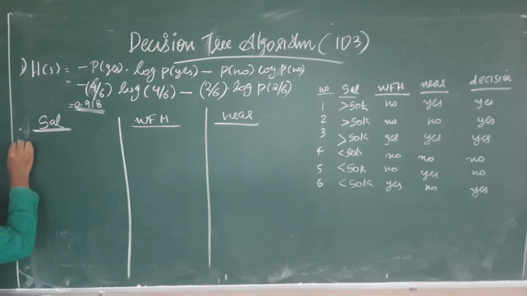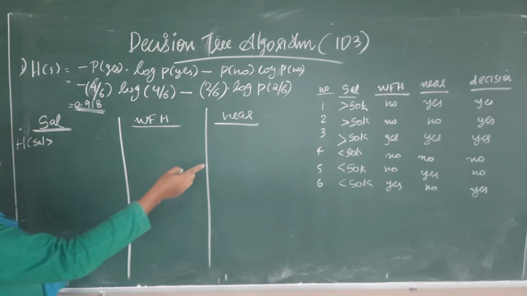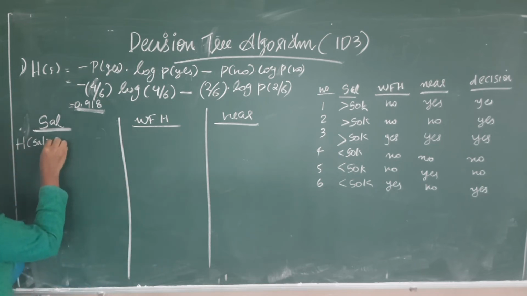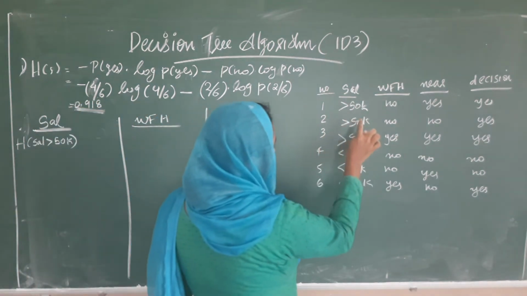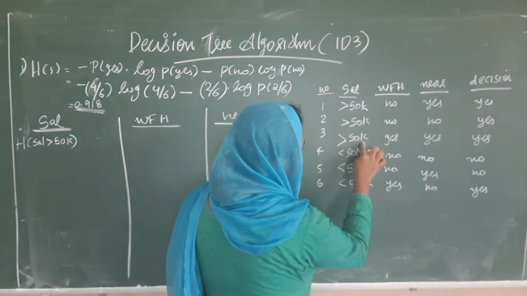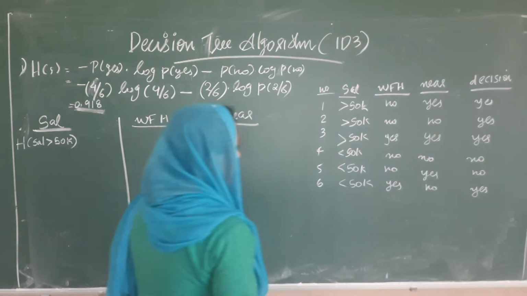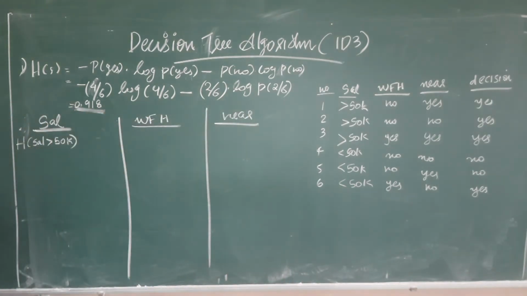So entropy when the categorical value salary is greater than 50,000. This is what we said in the algorithm: for each categorical value of a feature you have to find entropy. When salary is greater than 50,000, we have 3 such instances. There are 3 yeses, so all the 3 values are yeses.